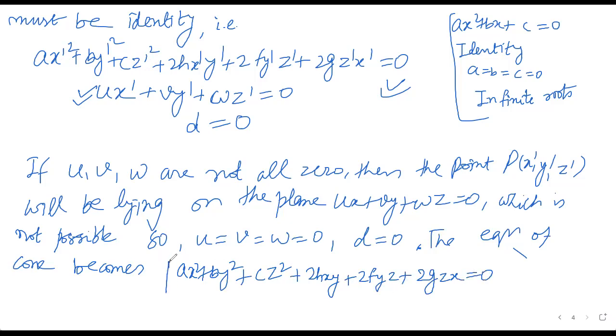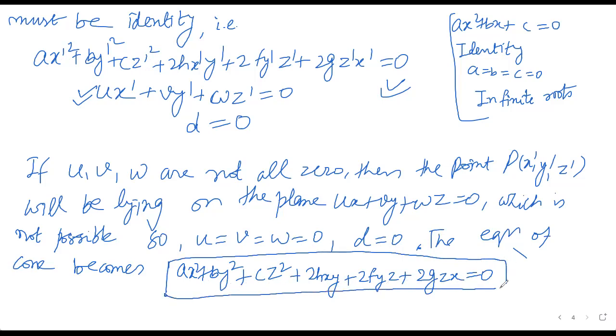Only this equation remains here, where I replace x dash, y dash, z dash by x, y, z. Now it is a homogeneous equation actually, a homogeneous equation of second degree, because every term is of degree 2. The degree of x is 1, y is 1, z is 1.